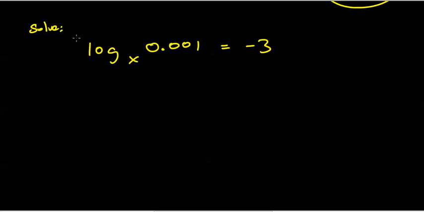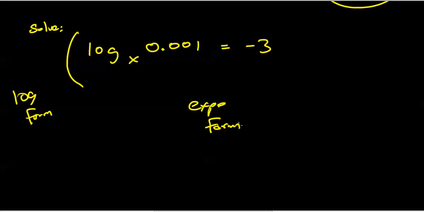I'll start out in logarithmic form and convert to exponential form. If the log of 0.001 base x equals minus 3, that means minus 3 is the exponent we put on x to get 0.001.